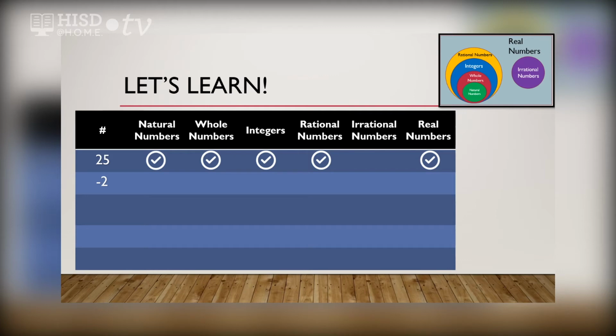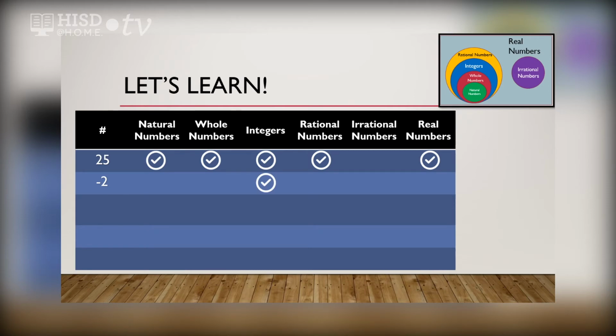Okay, let's see how you did. Remember that if it's a negative number, then it's not going to be part of the natural numbers nor the whole numbers. Actually, the first set of numbers that are negative is going to be, you got it, the integers.